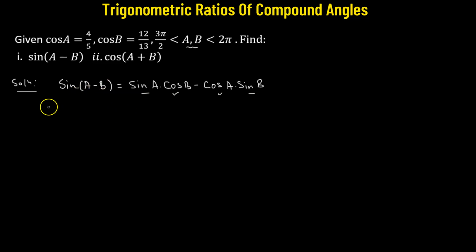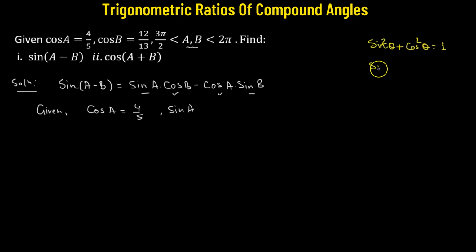Now to begin with, we'll start with our given trigonometric ratio, which is cosine of A equals 4 over 5. Now to find out the value of sine A, we're going to use the trigonometric identity. We know that sine squared theta plus cosine squared theta equals 1. That's a standard identity.